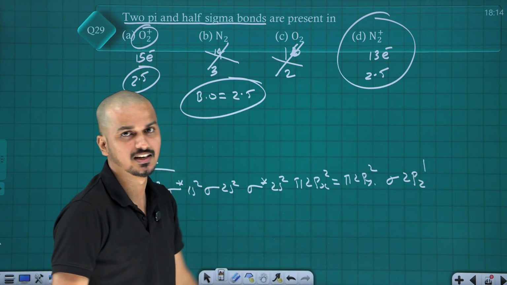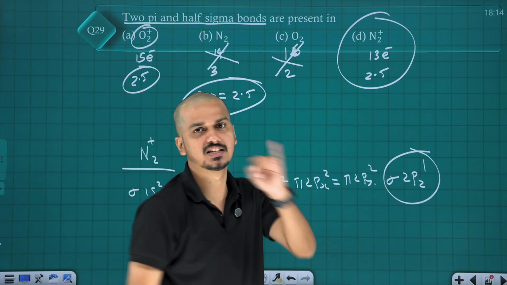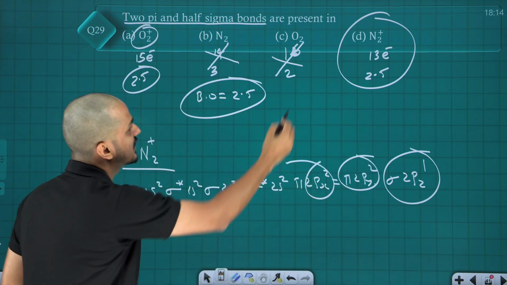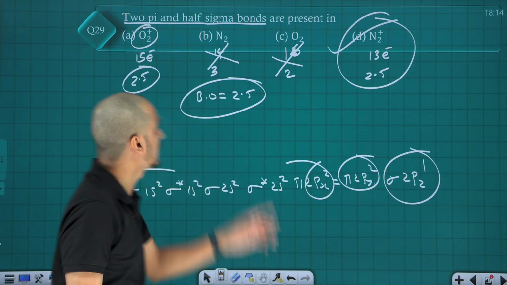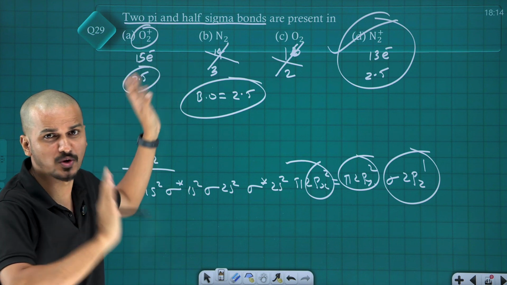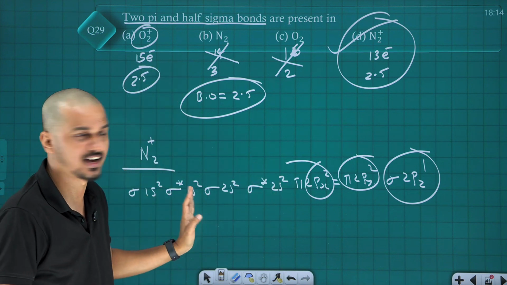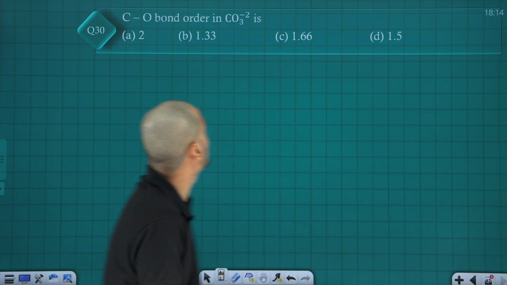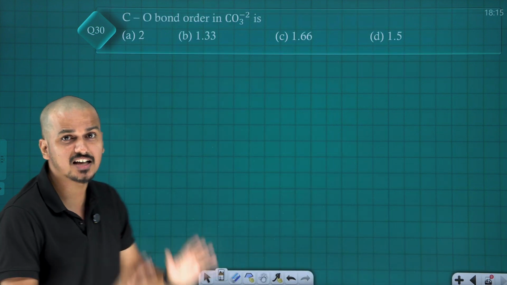This is actually 13. Here half sigma bond, and how many pi bond? 2 pi bond. So D is the correct answer. You can check A, it is not possible. They are not obeying this idea. Ready? So answer is D, N2 plus. Yes. We are going to the next question, the last question.